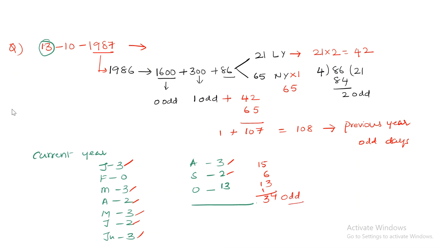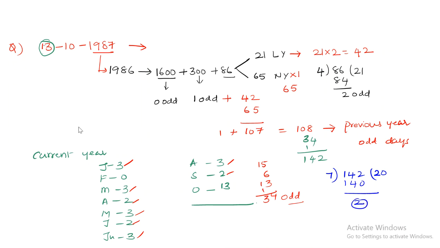Now 34 odd days along with the previous ones gives 108 plus 34, which is 142. Now to get the answer, 142 is divided by 7. 7 twenties are 140, so the remainder will be 2.